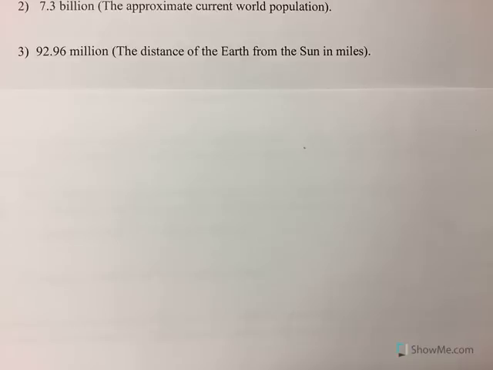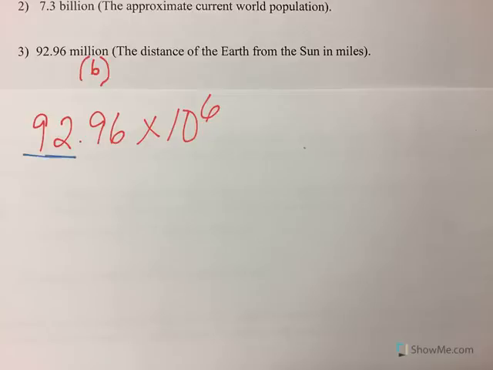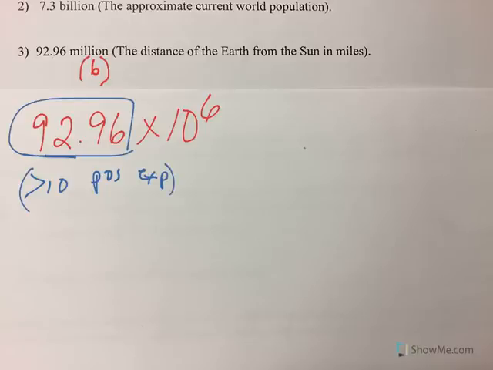The distance of the Earth from the Sun in miles is 92.96 million. We know that million means 6. So I can take my 92.96 times 10 to the 6th. However, 92 is bigger than 10. Greater than 10 means positive exponent. So I need to change this to be scientific notation.